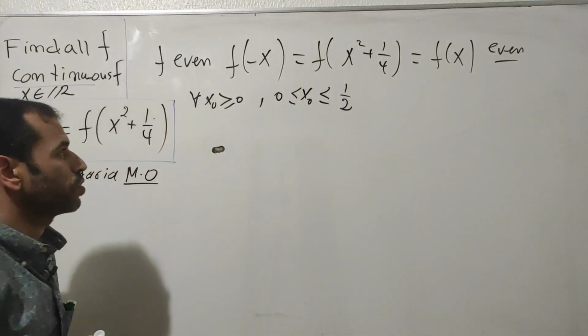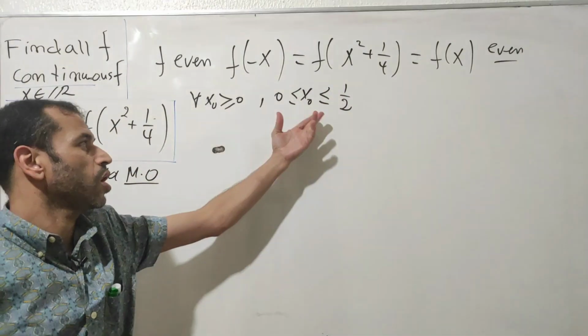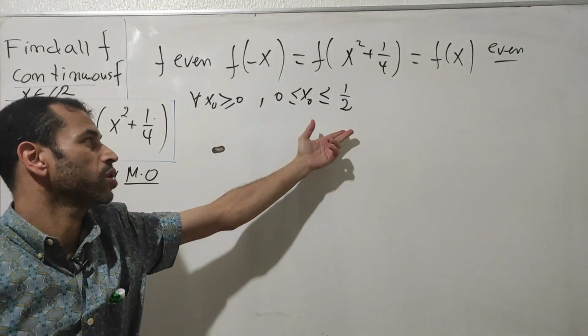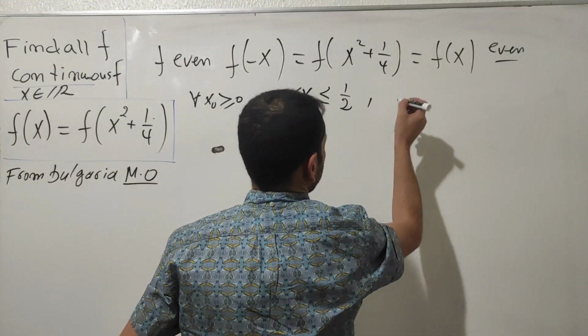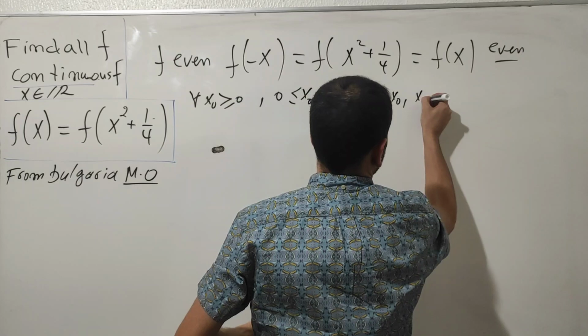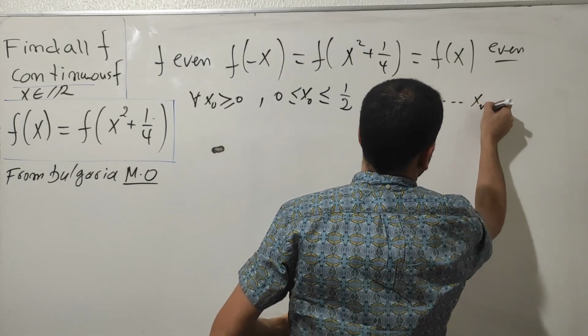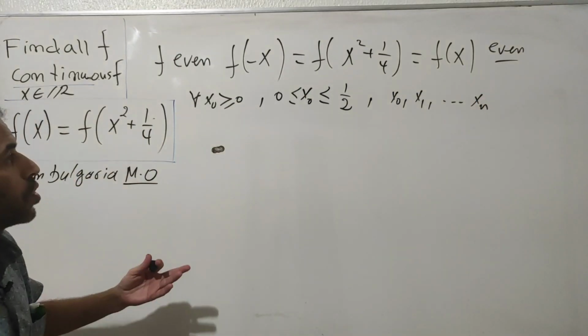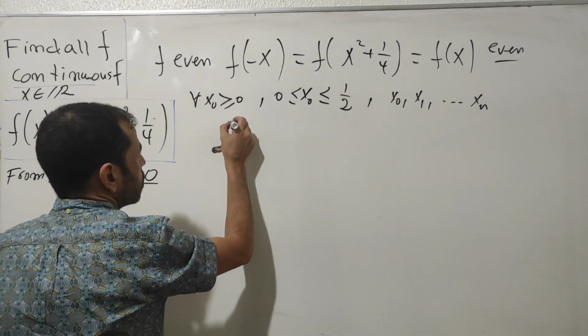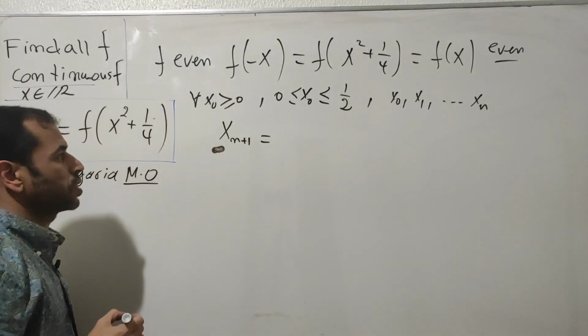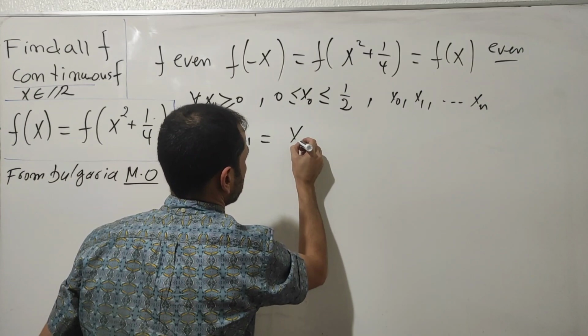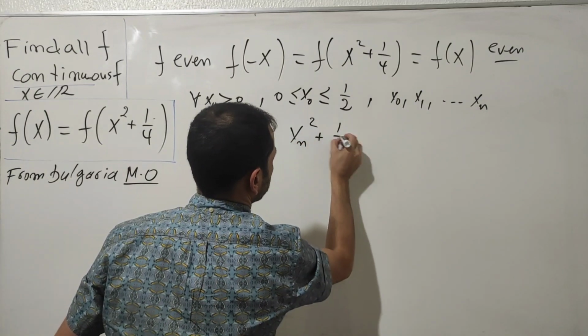We are going to divide this into two intervals. Let's put x0, x1, and all the way down to xn as a recursive sequence. Let's define x sub n plus 1 equals x n squared plus a quarter.